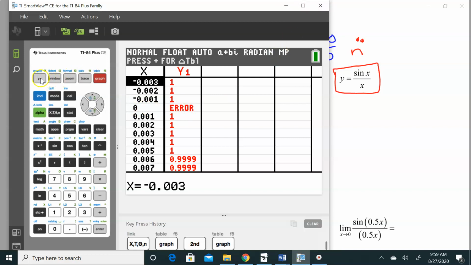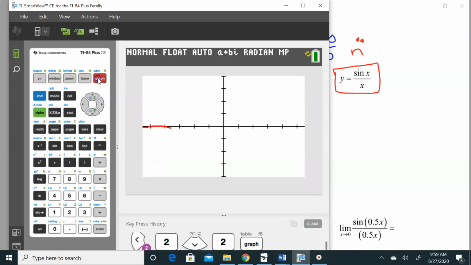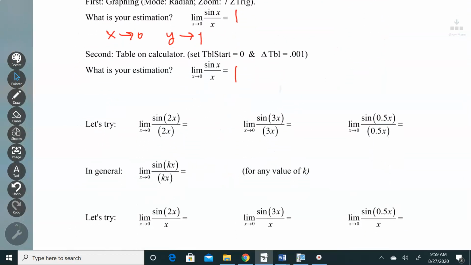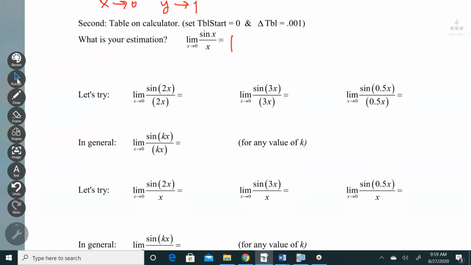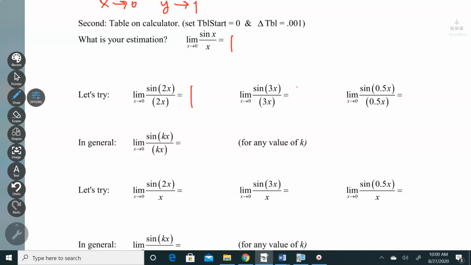So that didn't change. If I try 2x, the graph is a little bit different. It's not as wavy as the 3x one, but it still has a limit of 1, and so on and so forth. So it looks like these are all ones.